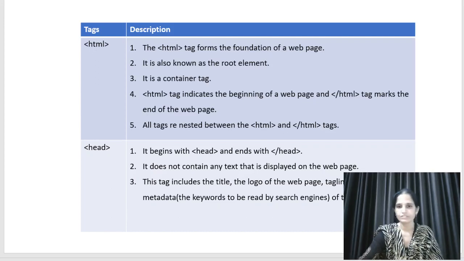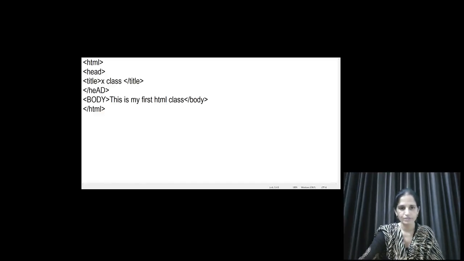We have already discussed the structure of HTML here. Always your tags are nested from one tag to another tag. For example, your head always nests in the HTML, your body always nests in the HTML, your title always nests in the head tag.